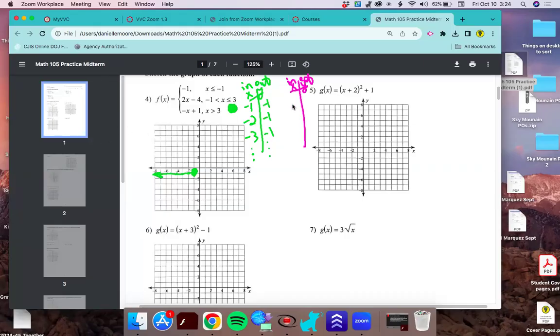Between -1 and +3, well, it'd be -1 and 0 and 1, 2, 3. You don't have to do all these, but that's the whole gamut as far as integers go. And then remember, we have to be bigger than -1, but there's no equal to -1 on that part.